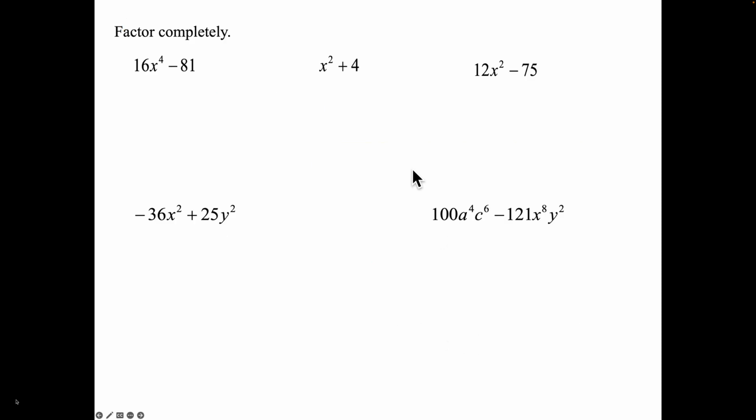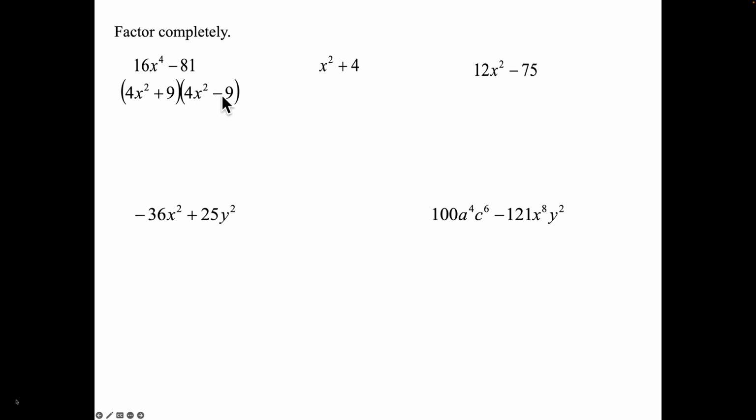Okay? 16x to the fourth. Wait a minute. Yep, that's a perfect square because it's an even power. This is a perfect square. So when I take the square root of 16x to the fourth, that will be 4x squared, and that will be a 3. So 4x squared plus 9, 4x squared minus 9. And we're not done.